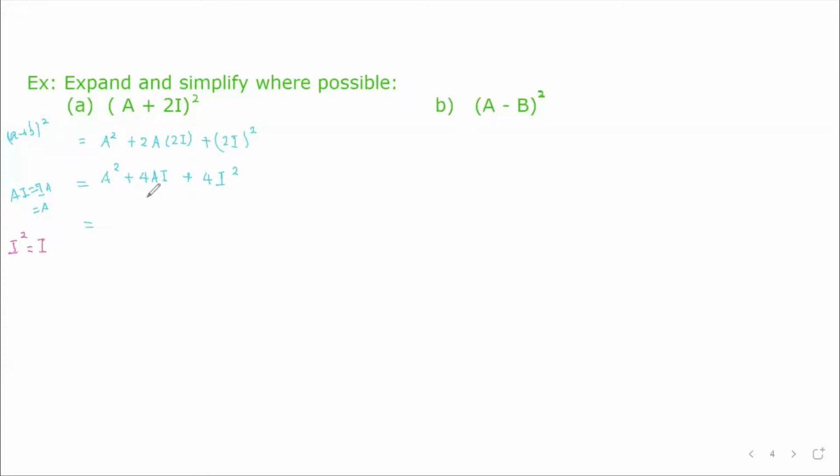Okay, then we can simplify next. This one is going to have A squared plus 4AI, and AI equals A, correct? So we have 4A here plus 4I. So the final answer is going to be A squared plus 4A plus 4I.